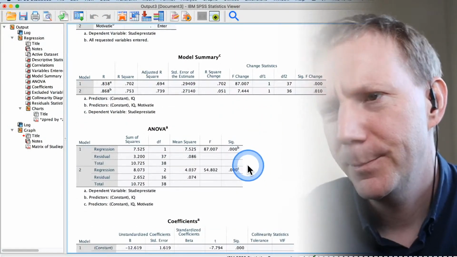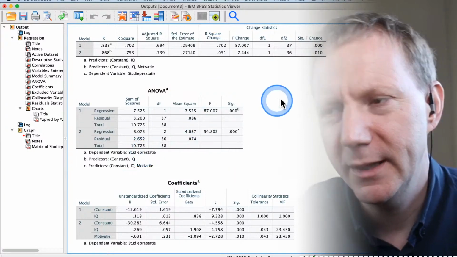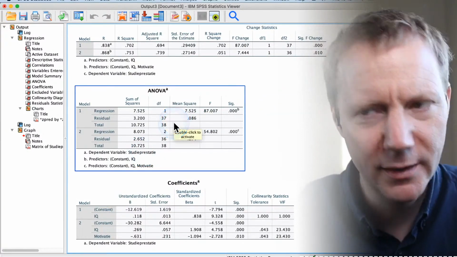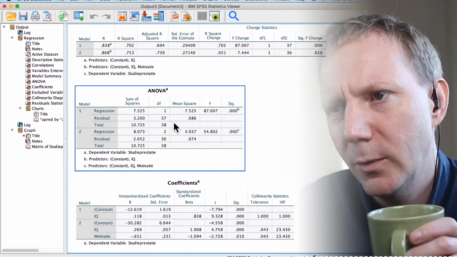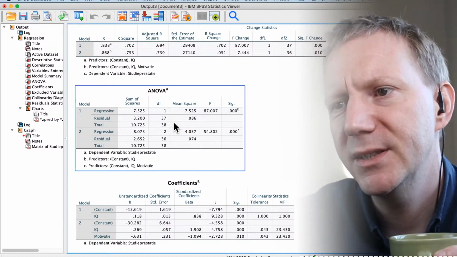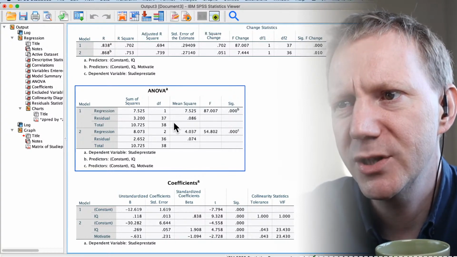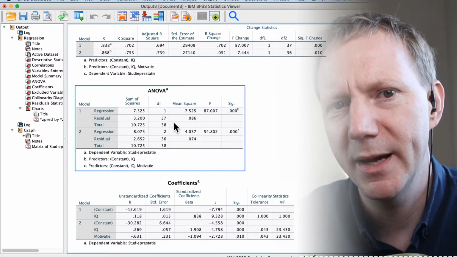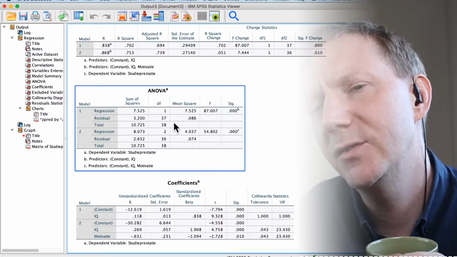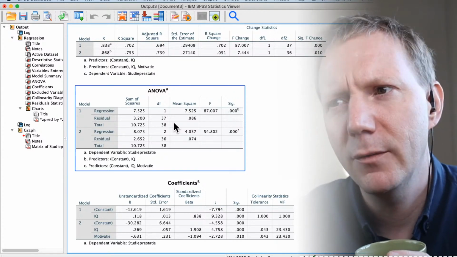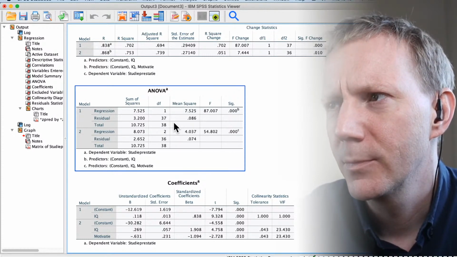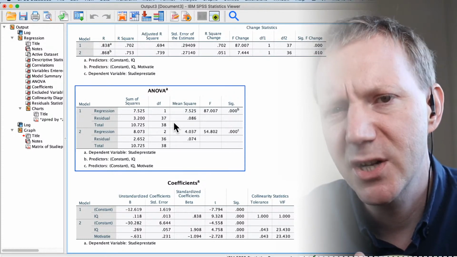Now the next plot we have here is essentially an ANOVA result. What it shows for the two models is how much variance is explained in terms of an ANOVA. If you think of variance, we've discussed this, right?